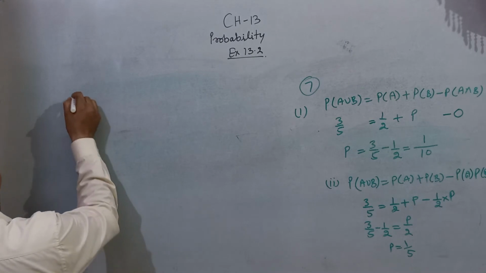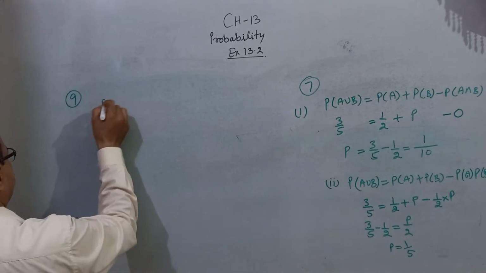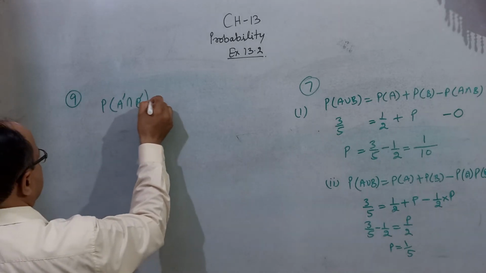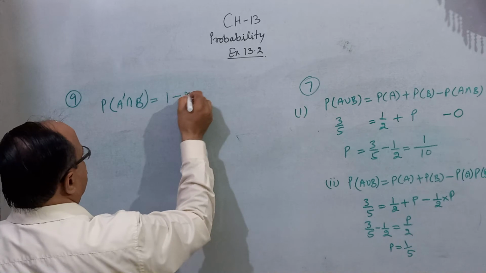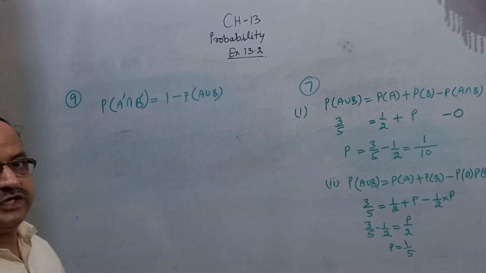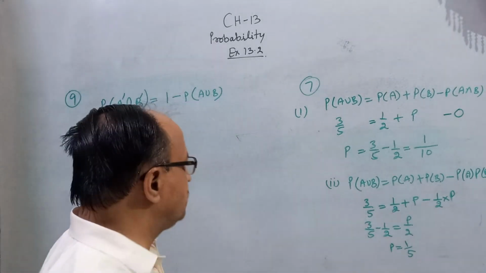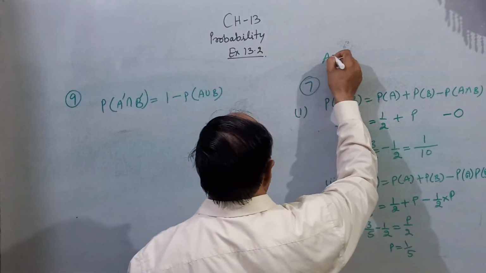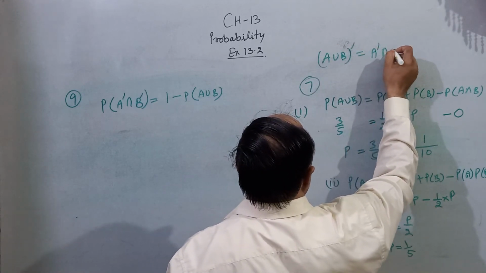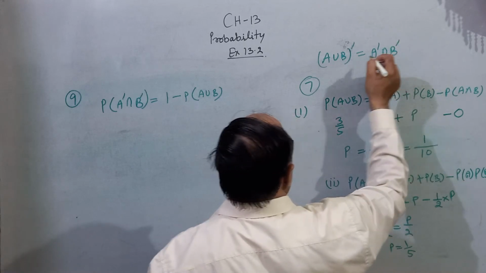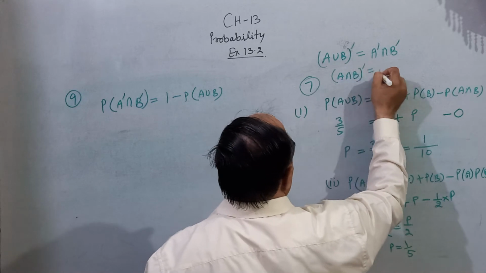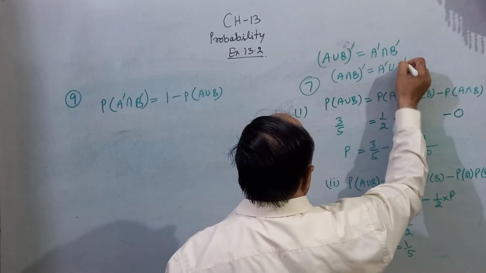You can solve question number 9. You want to find the probability of A complement intersection B complement, and the formula for this is 1 minus probability of A union B. According to De Morgan's law, A union B whole complement is A complement intersection B complement, and A intersection B whole complement is A complement union B complement.